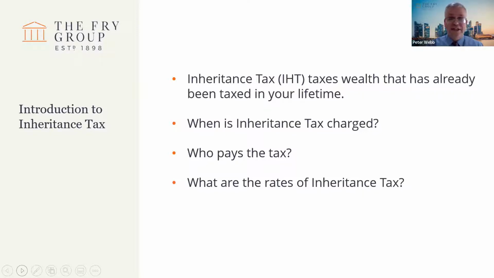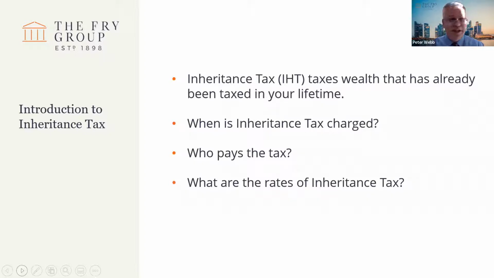So some technical details on this. When is inheritance tax charged? So IHT, inheritance tax, is due 6 months from the end of the month of death or transfer into a trust, or the 30th of April in the following tax year, whichever of those is later.